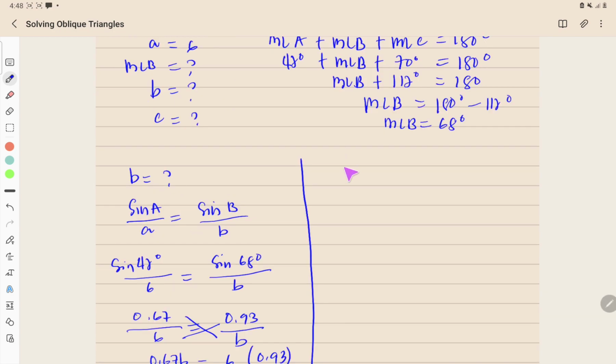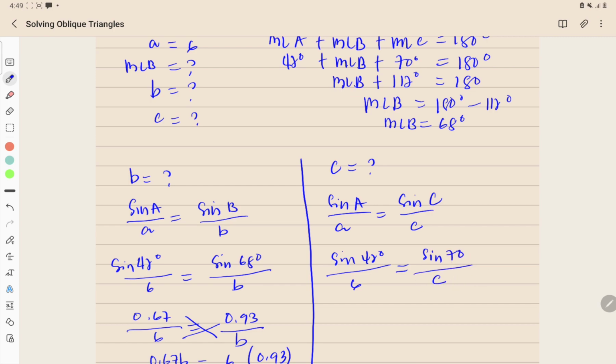Okay, in the same way, we can now solve for side c. You can use the relationship sine A over a is equal to sine C over c. Plugging in values, we have sine 42 degrees over 6 is equal to sine 70 over c.